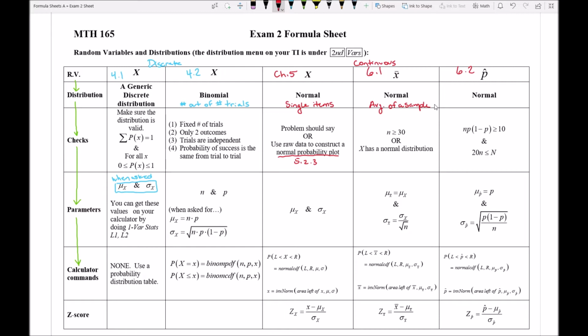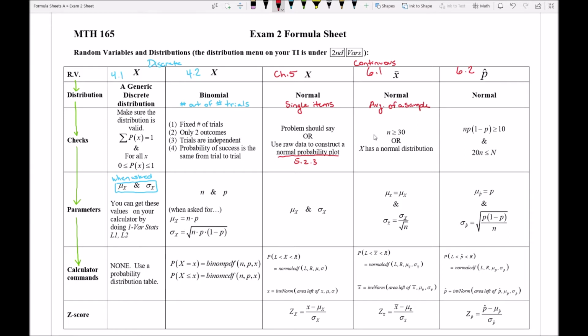And so we can really see that there's a difference between dealing with single items and averages of items. We really have to make sure that we understand that distinction, because when we read through problems, this will be a great way to help us determine whether we're working with an x bar problem or just a problem about a single x.